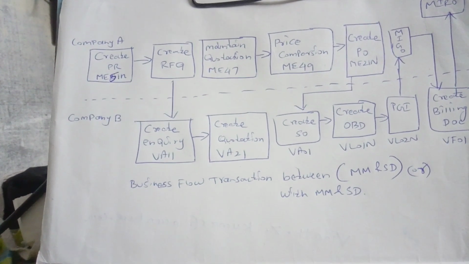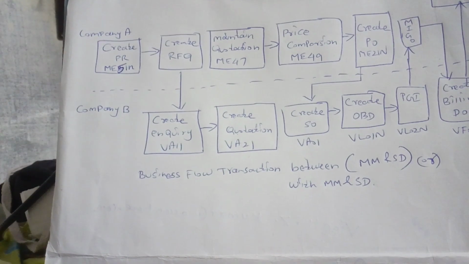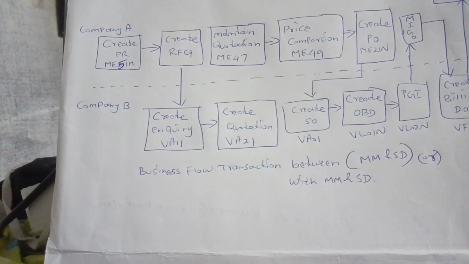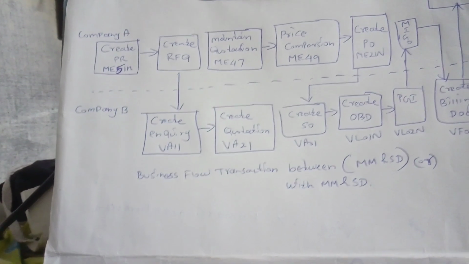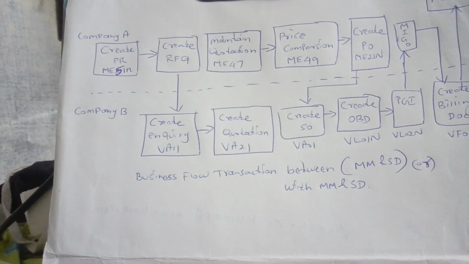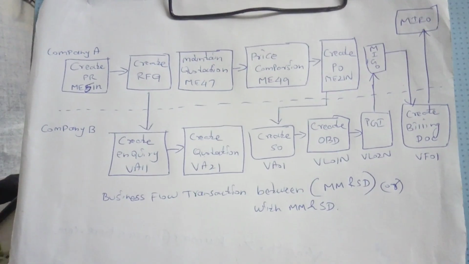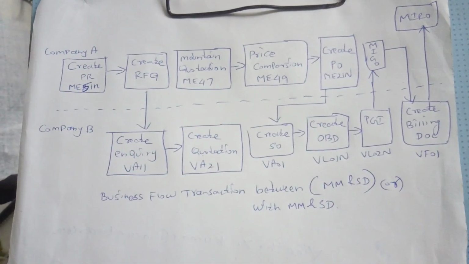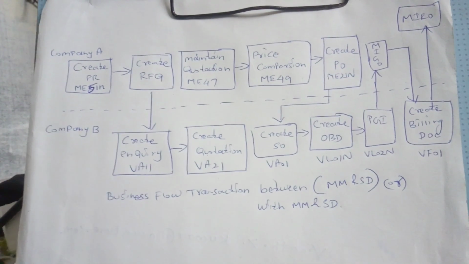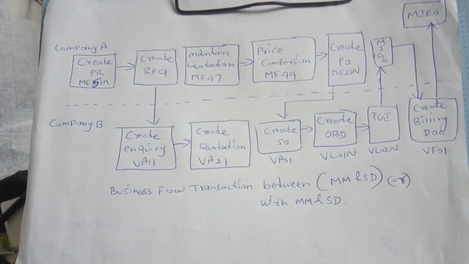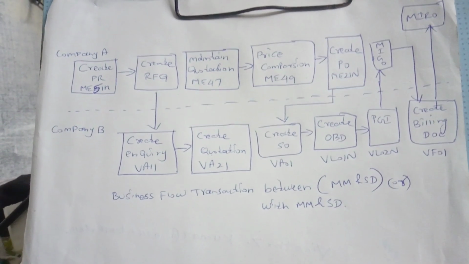The warehouse person has created this delivery, right? Then he can send an invoice document to the customer. The invoice document from company B is a customer invoice to request payment from company A. So he will send that customer invoice to company A. Normally the finance team will attach the PO and the GR document with the invoice sent to the customer.